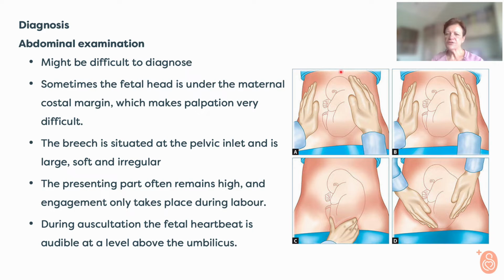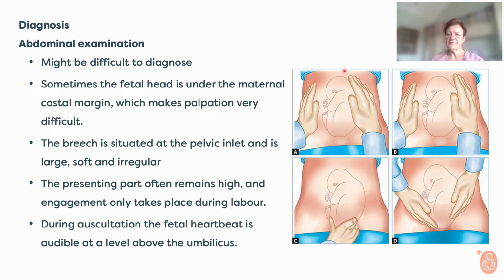So it's difficult to ballot the fetal head, to move the fetal head from side to side. And it's also difficult to feel this hard round head in the fundal part of the uterus, which is the easy way to distinguish between a breech and a vertex presentation, because here you feel this hard round head in the fundal part of the uterus, while you feel the soft irregular buttocks in the pelvic part of the uterus.